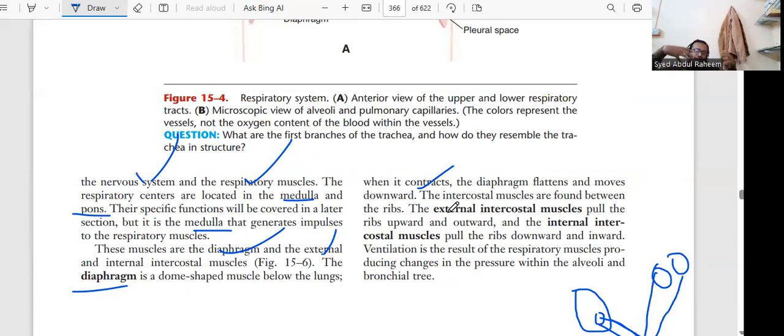inhale means there is air in the lungs, so the lungs expand.